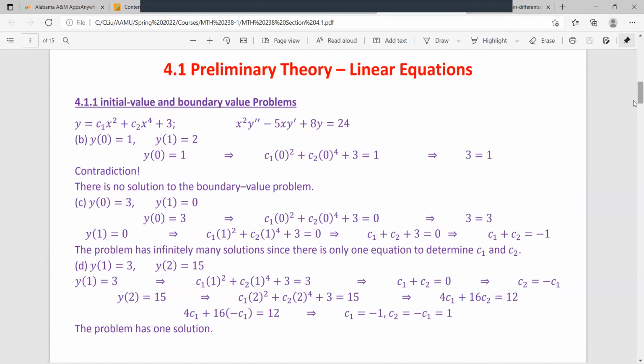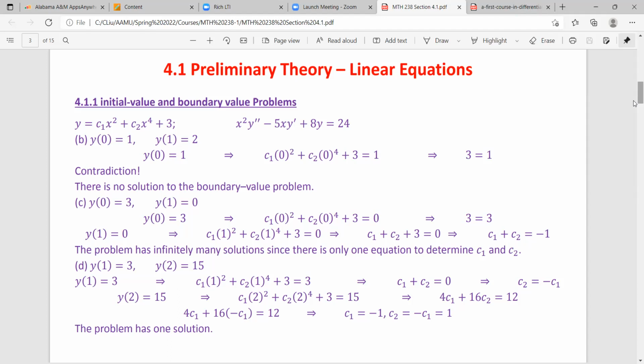Let's do the same problem with another boundary condition. Now we have y of 0 equal to 1 and y of 1 equal to 2. This time the boundary is given at x equal to 0 and x equal to 1. So just plug in 0 and 1 for x into y, as we did in the first case.